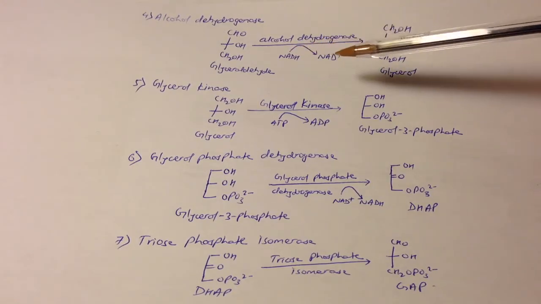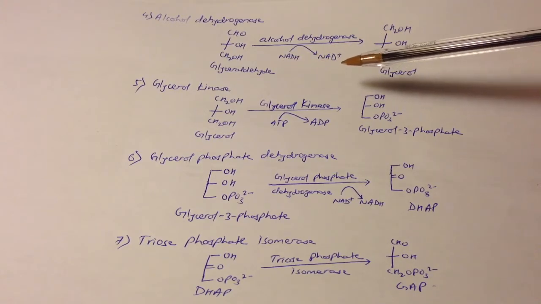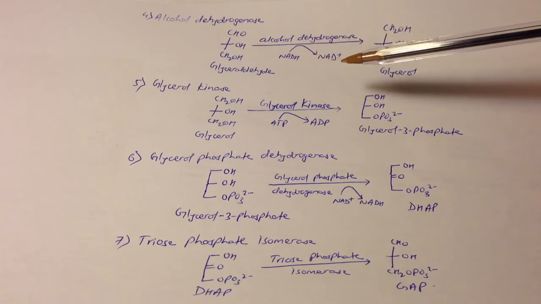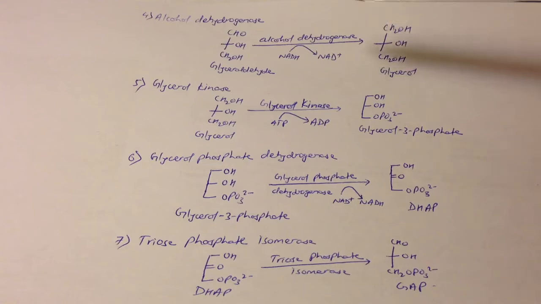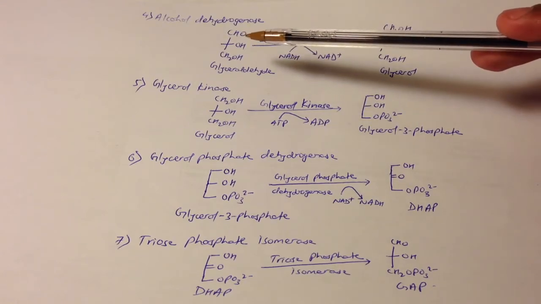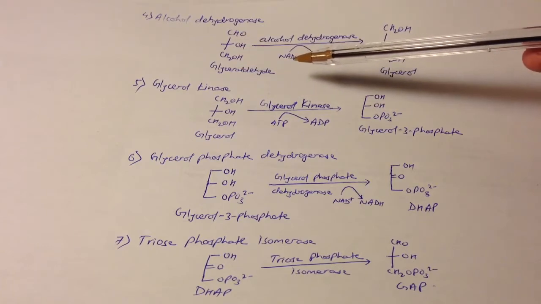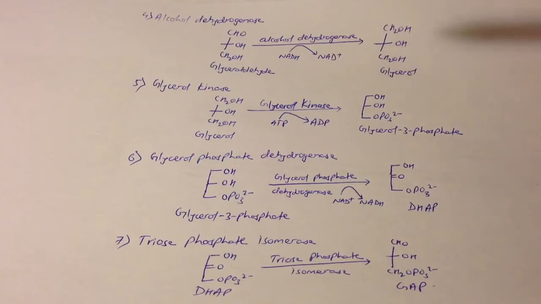And usually in dehydrogenase enzymes we have involvement of NADH and NAD+, and you can just predict whether NADH is going to make NAD+ or NAD+ is going to make NADH. Now let's say in this case this is reduced. So if this glyceraldehyde is reduced, then this has to be oxidized. So that's how we get NAD+.